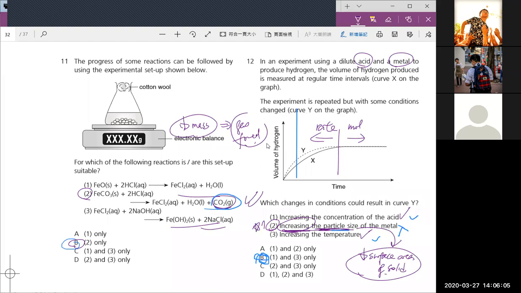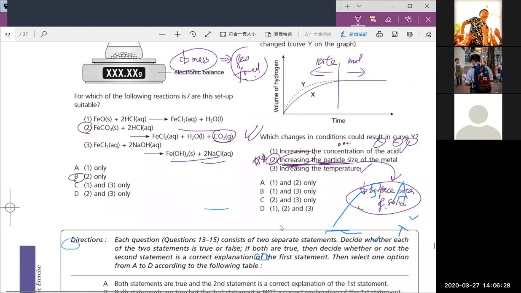Don't get confused about this term. Increasing the surface area of the metal means decreasing the particle size. This time I increase the particle size of the metal, which means originally it was smaller pieces and here come larger pieces. Of course, the surface area is smaller. So the answer is B.